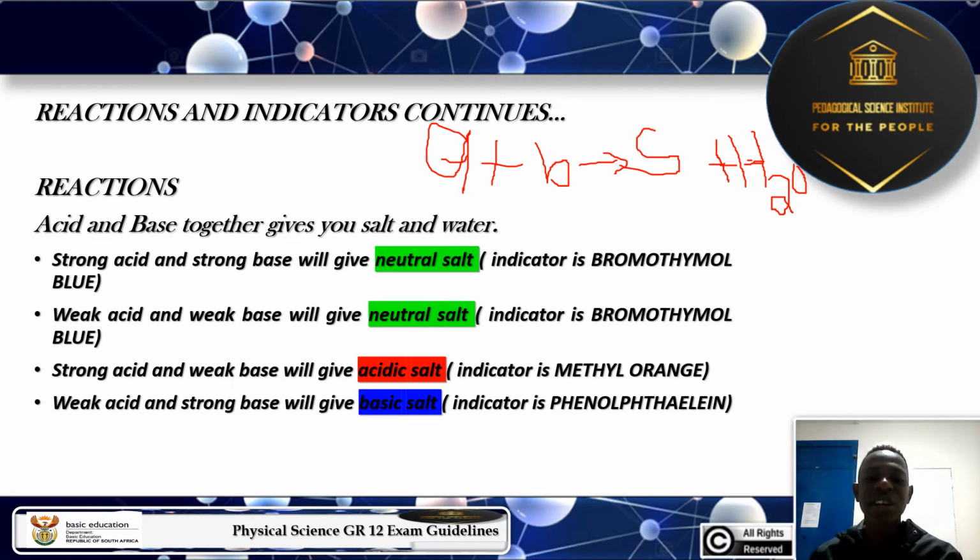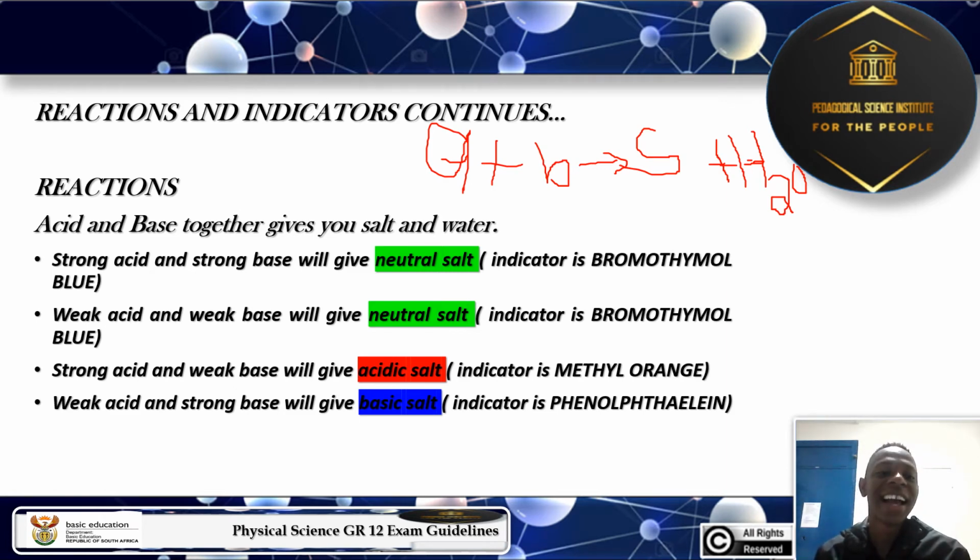Then strong acid and a weak base gives you what? Acidic salt, and the indicator used is methyl orange. Weak acid and strong base will give what? A basic salt. And the indicator is going to be what? Phenolphthalein.